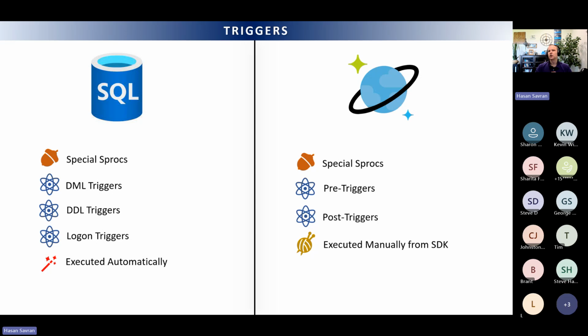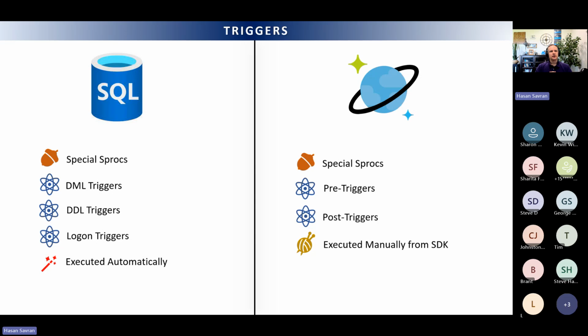The first one is the pre-trigger, which gets executed before it changes any data in the database, which is great if you need to validate anything before you change data. The second one is the post-trigger, which you can execute after the data change is completed.